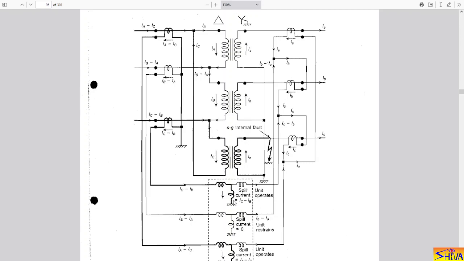This is operating coil for phase A, similarly for phase B, and this is for phase C. Now we are connecting the pilot wires to the CTs and the differential relay in such a way that in normal condition current entering from both the sides cancels each other and there is no current through the operating coil of the relay. So this is the scheme. Now with reference to this scheme, we shall solve few numericals.